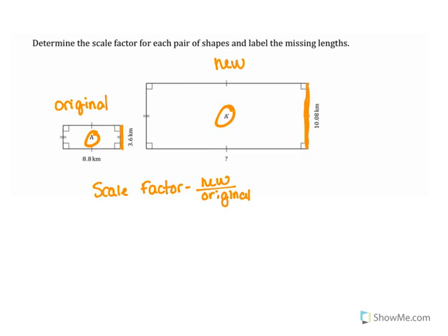So we're going to say for our scale factor, we're going to do 10.08 because it's the new one over the original, which is 3.6. Put that in your calculator. Remember, fractions are the same thing as division, so you should do 10.08 divided by 3.6. Pause this if you need to. And you should have gotten 2.8. So you would say that is the scale factor.